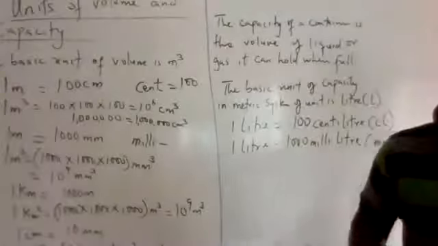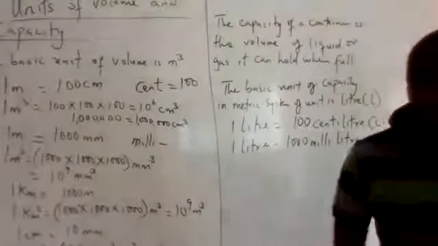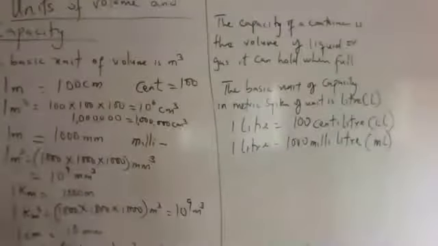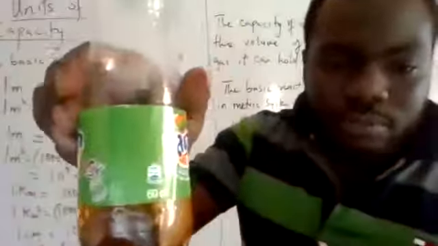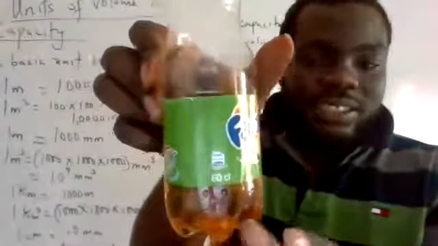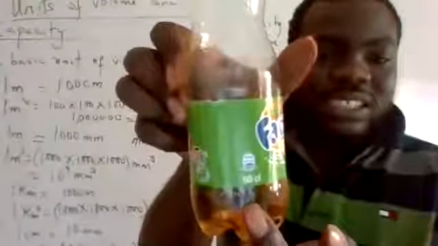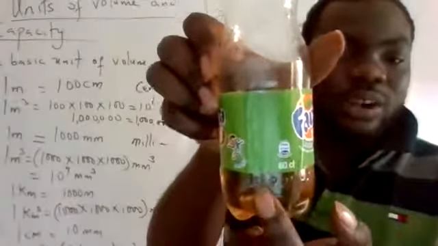Do you understand what I'm saying? If I were you, I should grab a container and be able to say, this is what it is. For instance, this is a Fanta container, and it is written here 60 CL, telling you that it is not yet up to a liter.